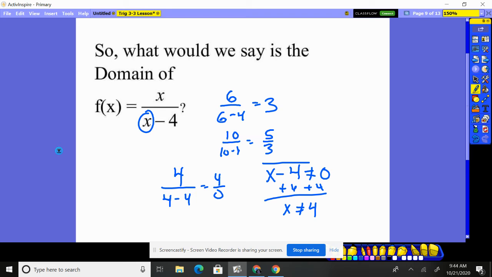So we would say the domain is all real numbers except x can't be 4. And the way we would write that is all real numbers work. In other words, everybody works except x cannot equal a 4. That's how we do a problem like that. Whenever there's a fraction, we simply take the denominator and say, hey, you can't be 0. Every other number is going to work. Everything can work except that value.